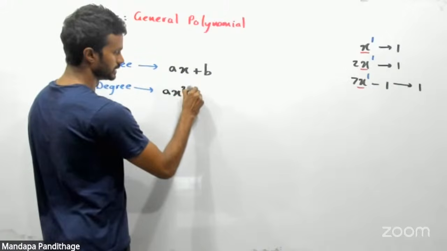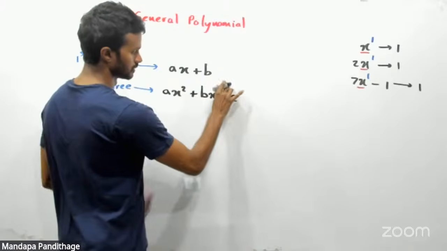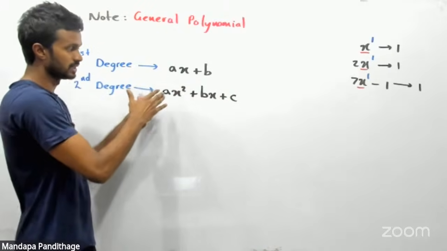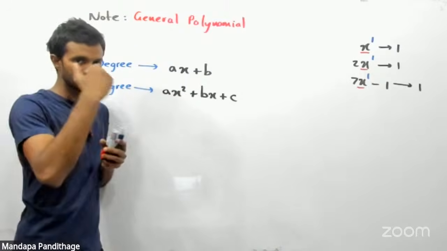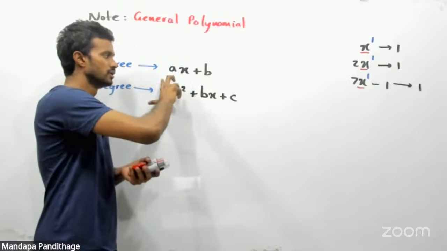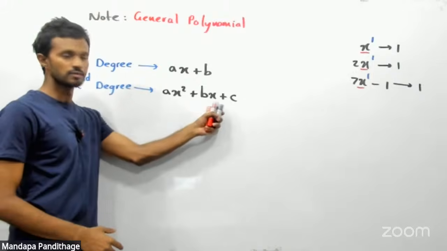So then we have bx plus c. Which means when you have the degree, that should be the highest power, and then we write the other terms which have a lower power than the degree. So these are not compulsory terms.